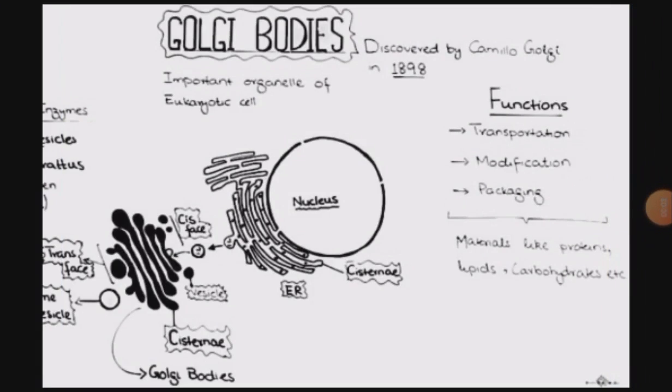Hello students, today I am going to start with another very important cellular organelle called Golgi Bodies or Golgi Apparatus. The name Golgi Apparatus is used when Golgi Bodies is taken together with vesicles: Golgi Body plus vesicles is known as Golgi Apparatus.